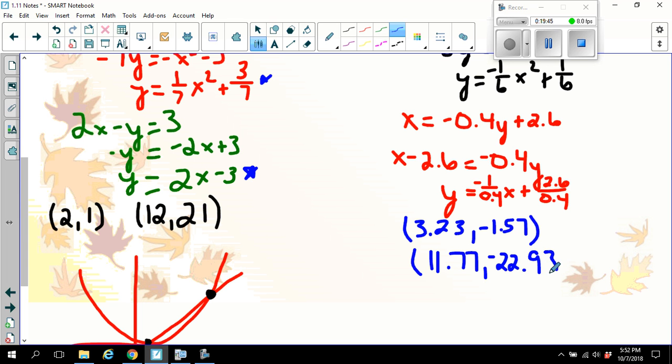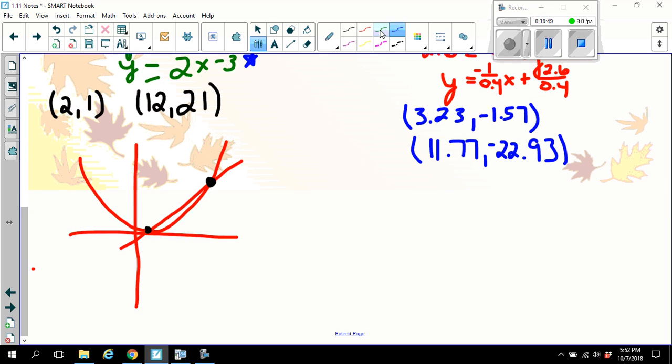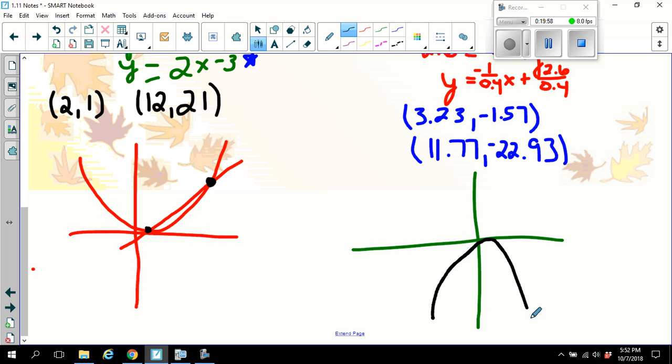And I'm going to go ahead and just sketch a graph of what our intersection looked like, just in case you have to do that for the homework or if it does ask you, please do it. Okay, so our quadratic was opening down. I know this does not look very good as a quadratic, but of course it's just a sketch.